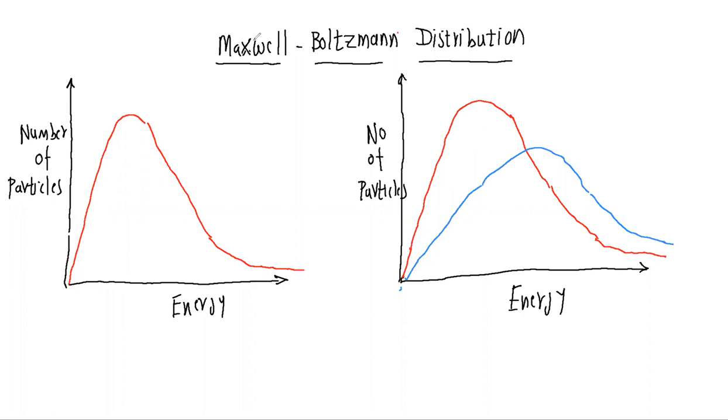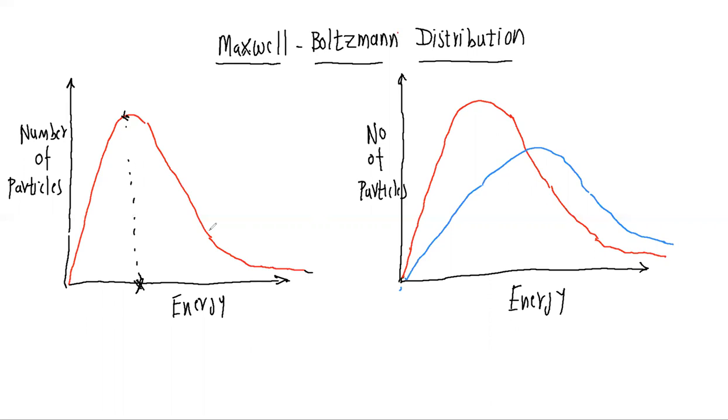So what does it mean? You can clearly see that at this energy there are a maximum number of particles, because there is a peak. While at very high energy, the curve is almost reaching zero, so the number of particles with very high energy is almost zero, while at this intermediate point there is the maximum number.